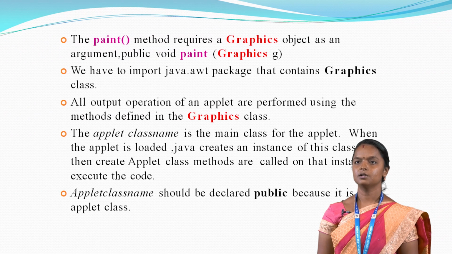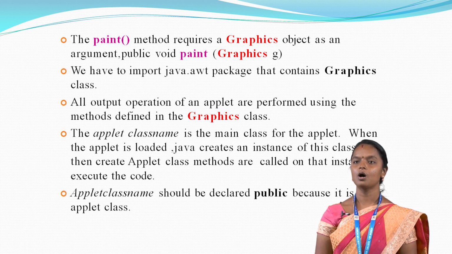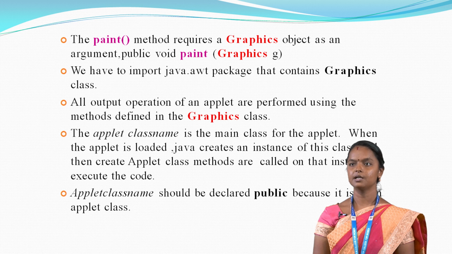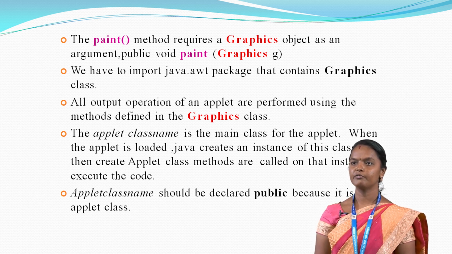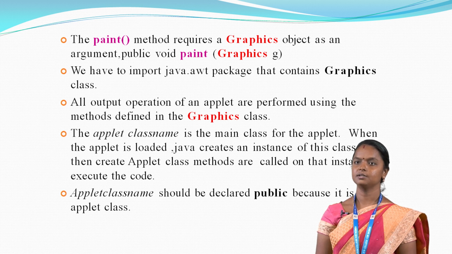The paint method requires a Graphics object as an argument: public void paint(Graphics g). We have to import the java.awt package that contains the Graphics class. All output operations of an applet are performed using the methods defined in the Graphics class. The applet class name is the main class for the applet.